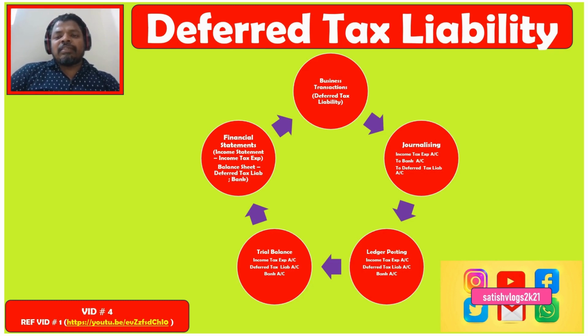Whatever the excess amount which has been computed as a tax, that amount we need to consider as a deferred tax liability. Because even though that amount is not going to be paid now to the tax authorities, that would get paid during the course of the business over the time.